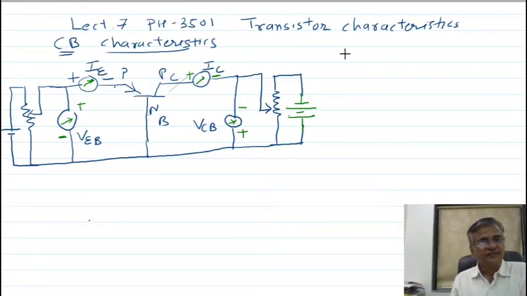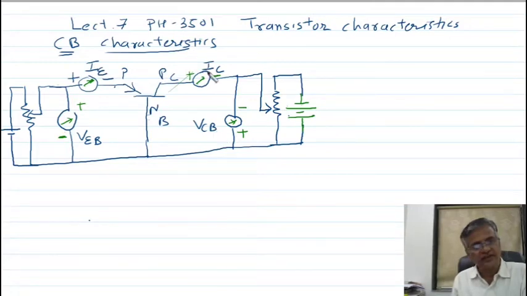So listen, this is the circuit diagram to obtain the input and output characteristics. The characteristic is the graph of current versus voltage. The input characteristic is the graph of input emitter current versus input emitter base voltage for a constant value of collector base voltage.